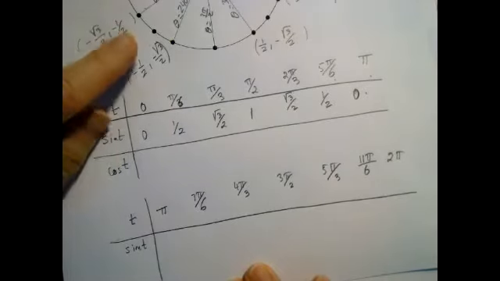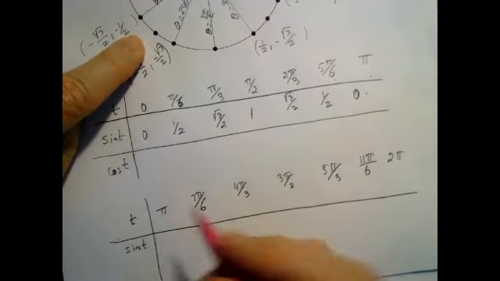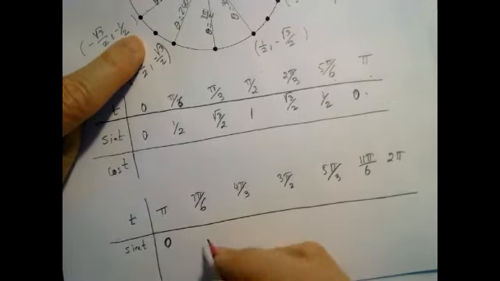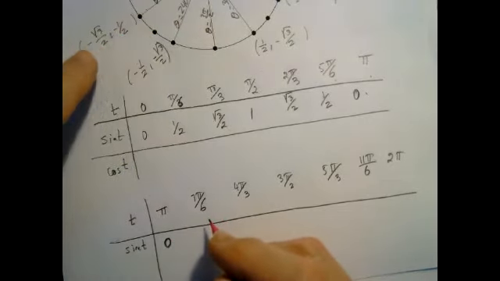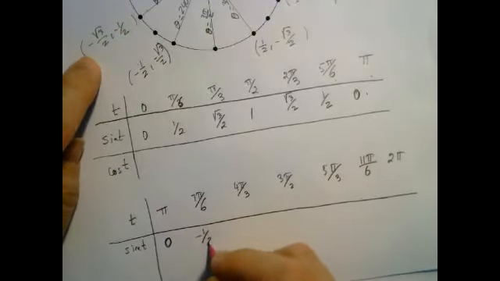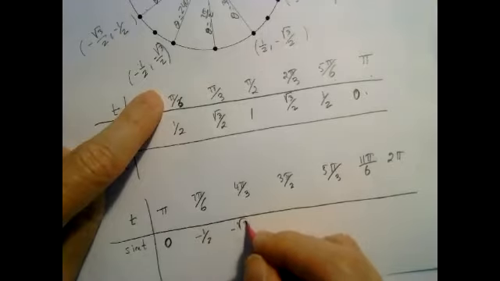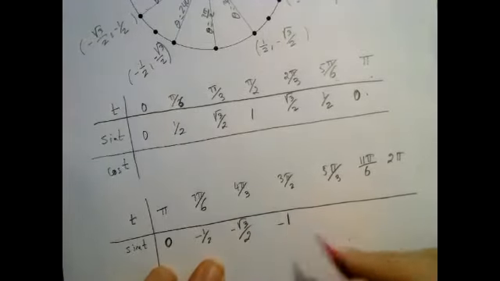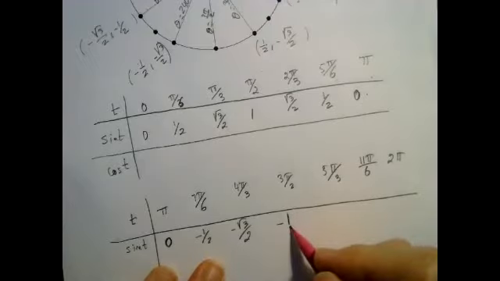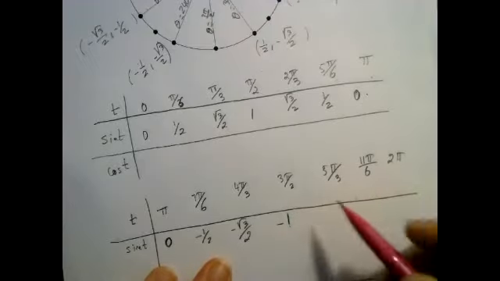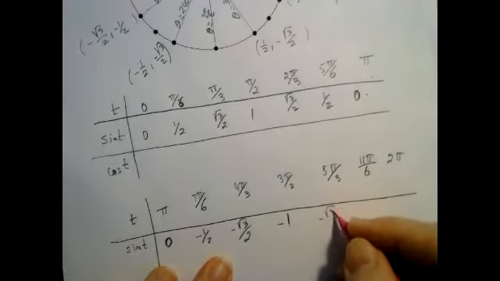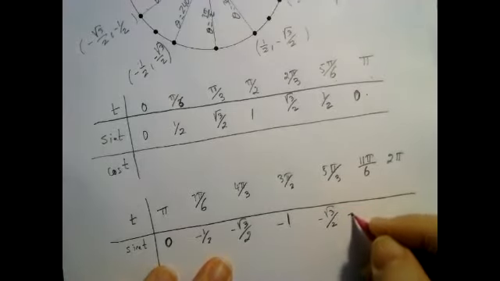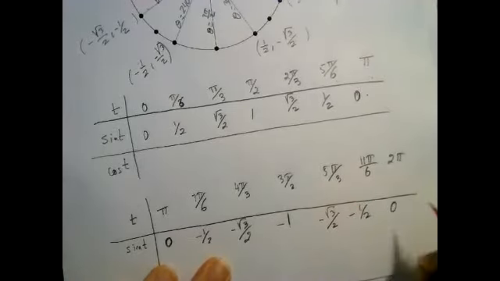The sine for pi, we should memorize this, that's a 0. 7 pi over 6, that's the minus a half. That's the minus square root of 3 over 2. The 3 pi over 2 is the minus 1. That's the smallest value the sine can take. And then this is the minus square root of 3 over 2. And then this is the minus a half, and this is the 0.